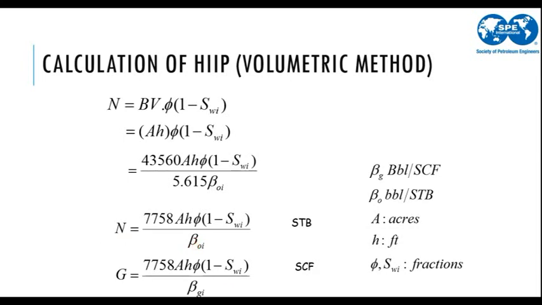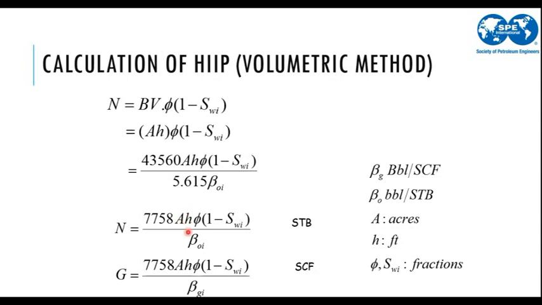G is the same equation, but N is for the original oil in place and G is for the initial gas in place. It is a very simple and very general equation to calculate the hydrocarbon in place, but it isn't very accurate, because you may have some errors in calculating the area of the reservoirs using the map.